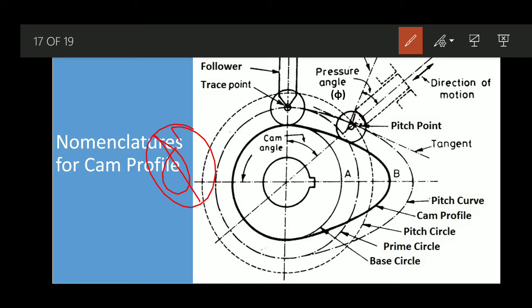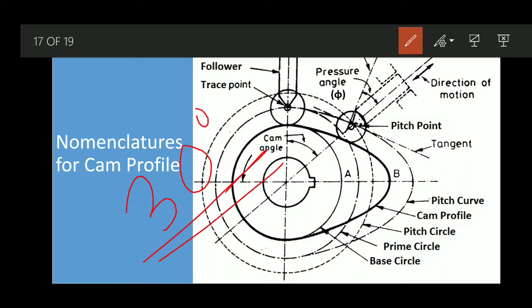This pressure angle keeps on changing and varies from maximum to minimum value during a complete revolution of the cam. The greater the pressure angle, the higher the side thrust on the guide. We don't want that kind of high thrust, so there will be some limiting value of the pressure angle, and generally the maximum value is considered as about 30 degrees.